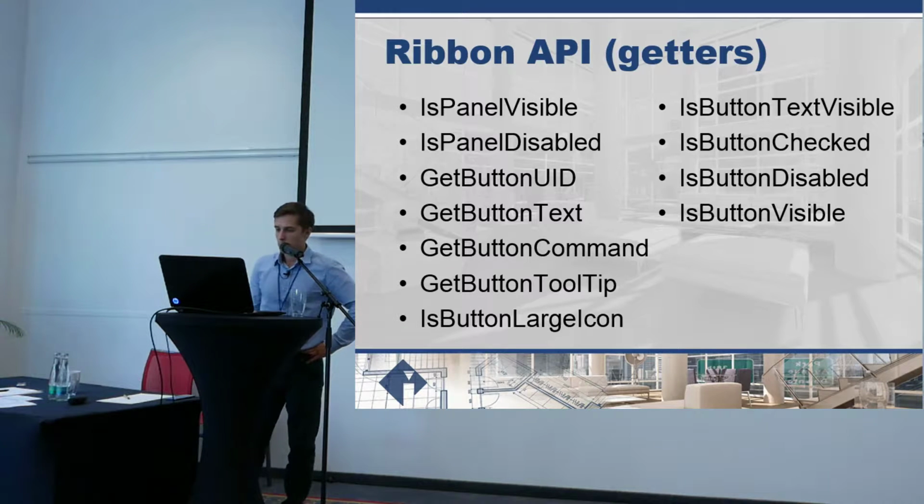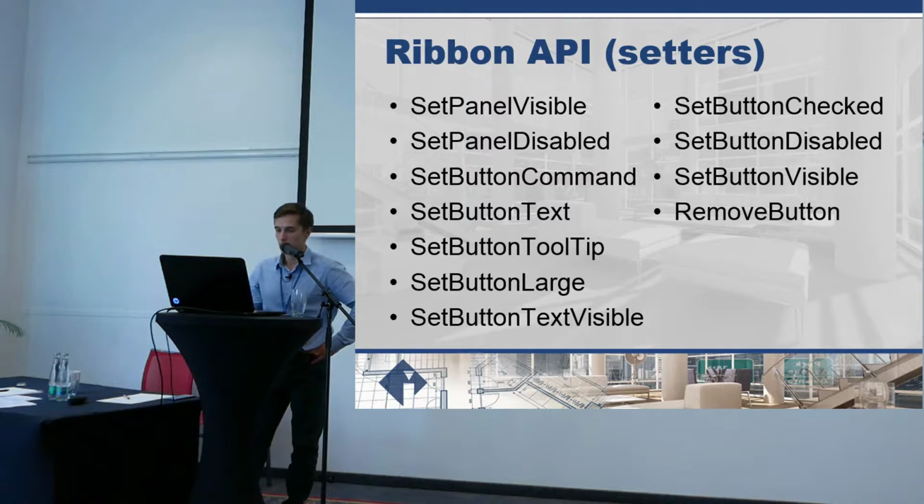The ribbon supports some basic API that can be utilized by external applications to modify ribbon element properties. Here is the set of getter API functions used to get properties and the list of setter functions used to modify properties.